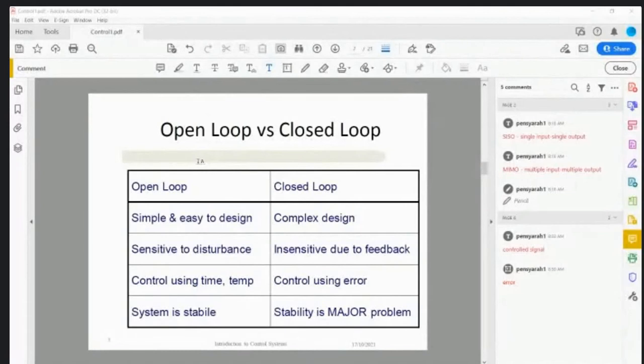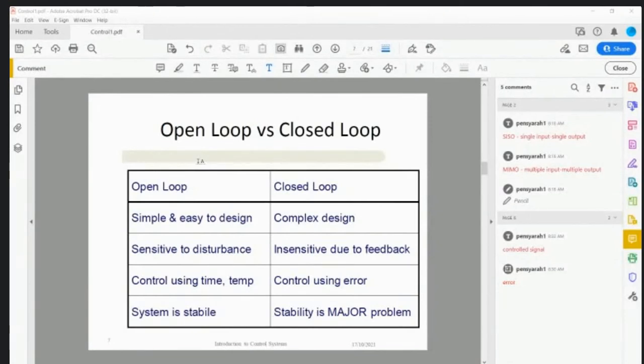If it's not reaching yet, meaning the temperature is higher, 28 degrees Celsius, it will tell the compressor to increase the compressor speed, meaning to do more work. So a closed loop control system will be insensitive to disturbance due to the feedback.